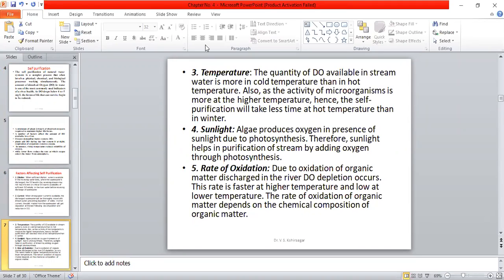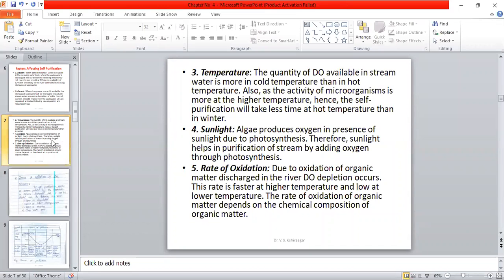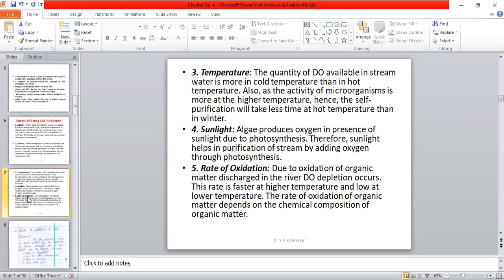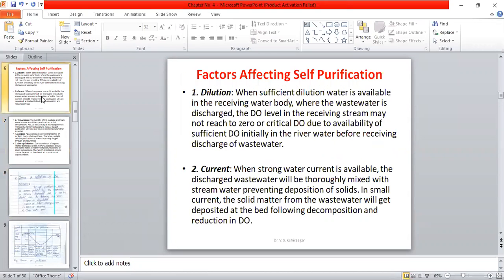Then the temperature, meaning the local climatic condition, matters for the intensity of treatment. Sunlight and then rate of oxidation. This part we covered in the last lecture.